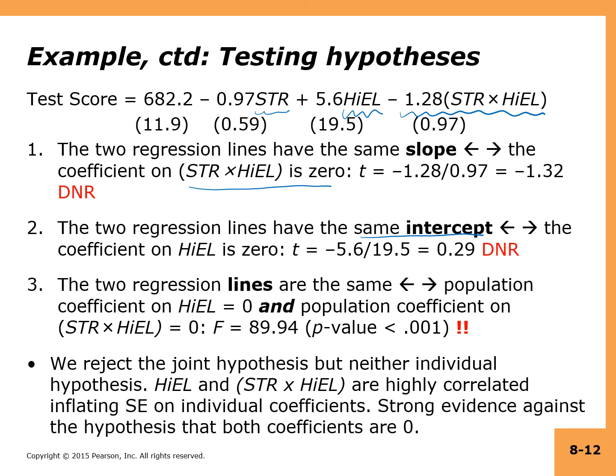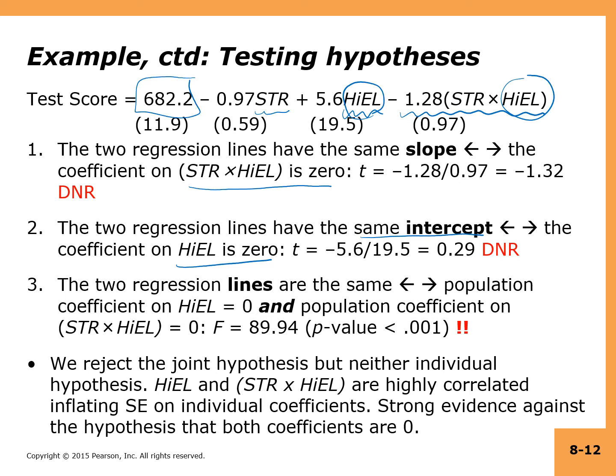So if high EL is equal to 0, then you'll have both of these terms disappear and both of the school districts' average test score will be 682.2. When you calculate the test statistic, we also get the result that we don't reject the null that says high EL is equal to 0, indicating that both districts, whether they have a high percentage of English learners or a low percentage of English learners, start off at the same average test score.